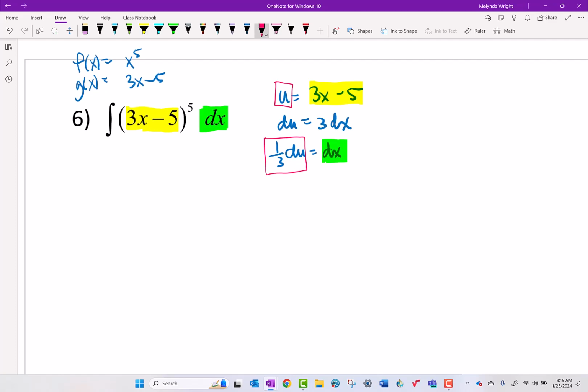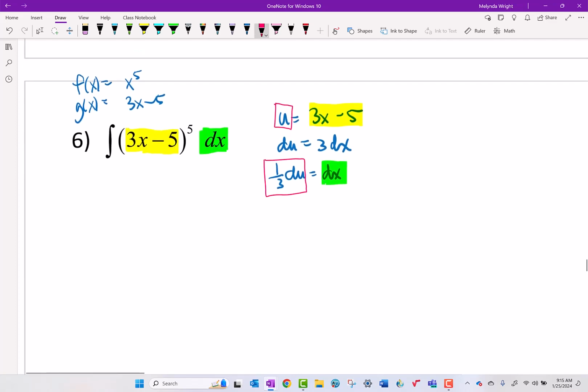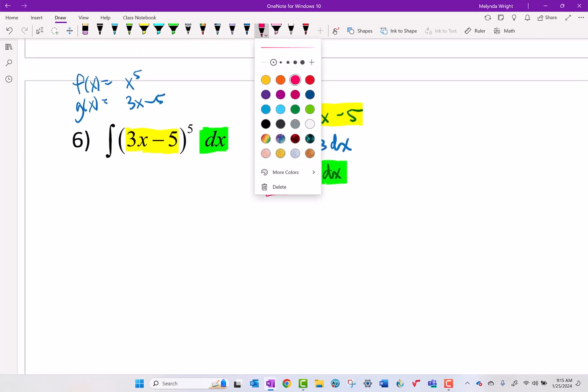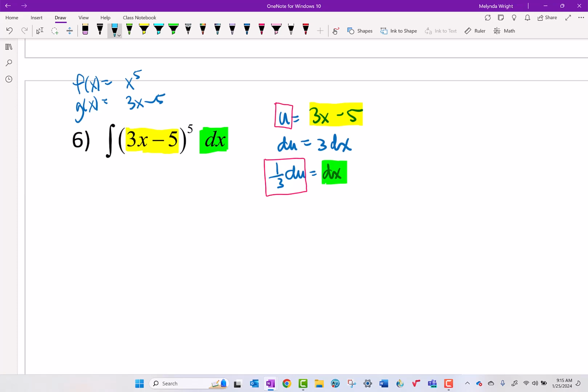So now I'm going to rewrite this problem with the things I've boxed in pink. The other stuff is coming out. Everything I highlighted is coming out, and you can also look at it this way: the right side, all that stuff's coming out, and the left side's going in.